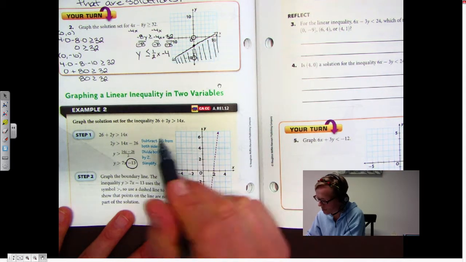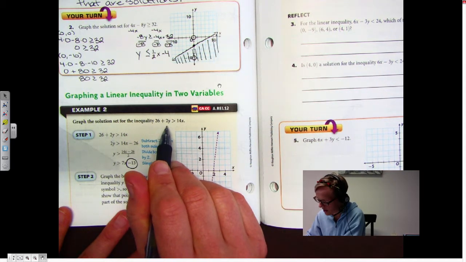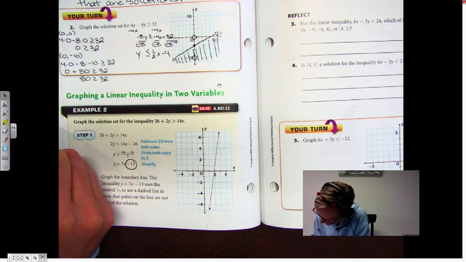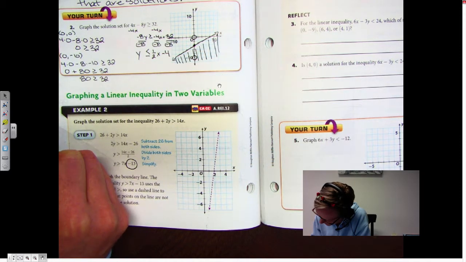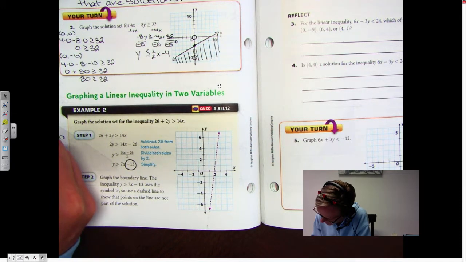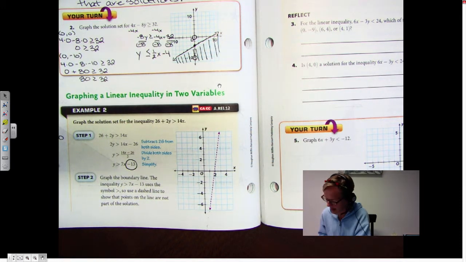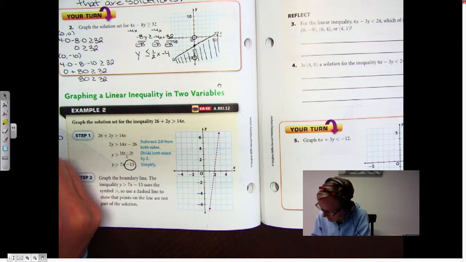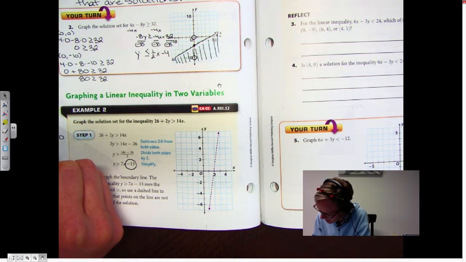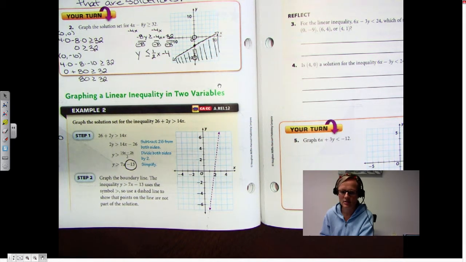If I plug those points into my equation up here, so I'm plugging in the point 0, negative 13, I would get 26 minus 26 is greater than 0. Is 0 greater than 0?